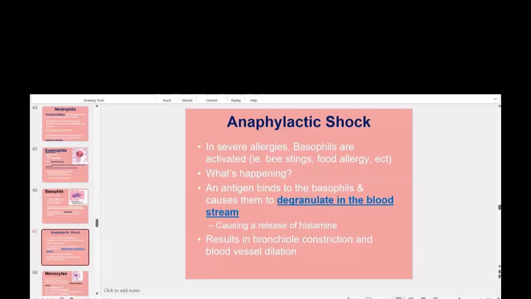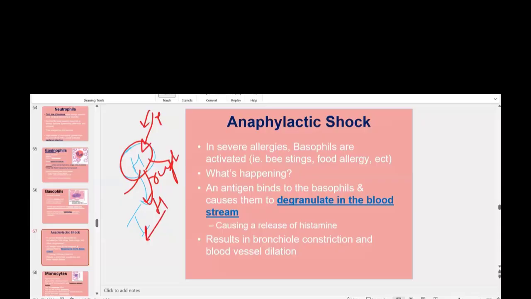So basically, the basophils are having histamine, and we know that histamine causes inflammation. So now when you take peanut butter and that enters into your body, it's going to cause the basophils to degranulate. That means to rupture and release histamine, and that would cause tremendous inflammation.